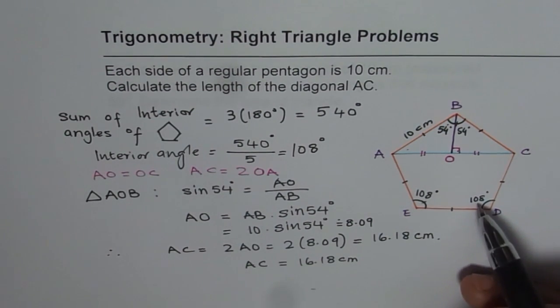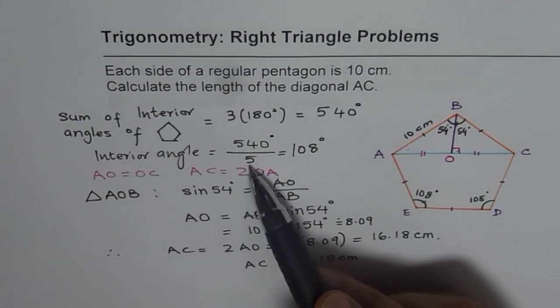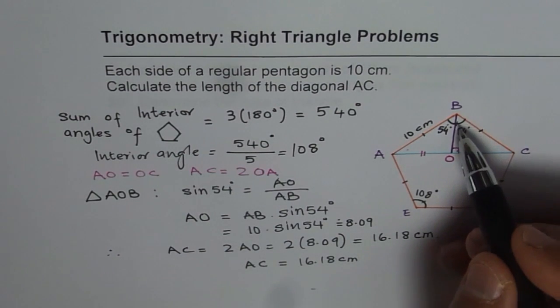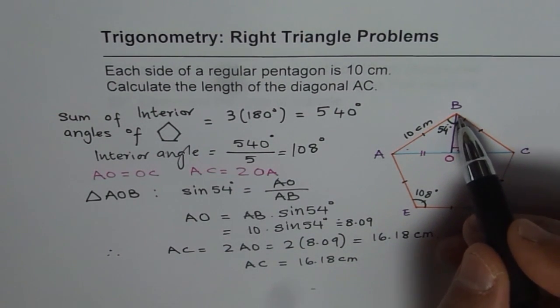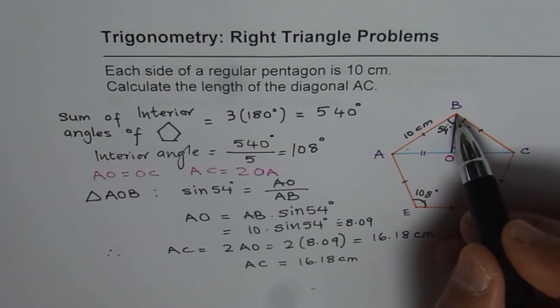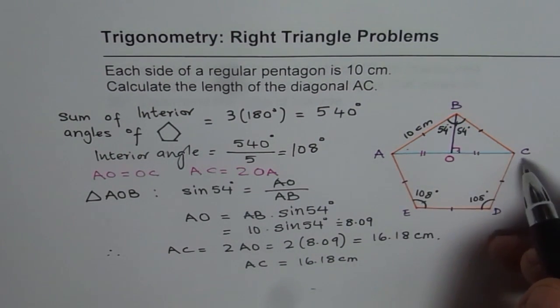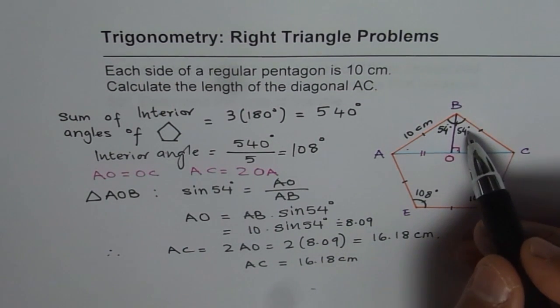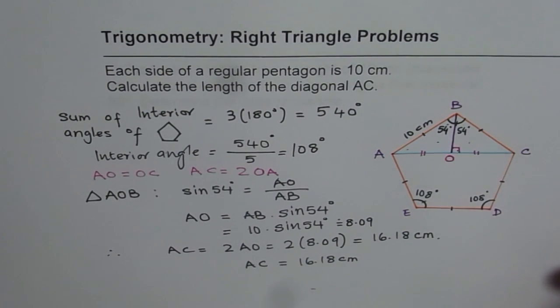Each angle should therefore be 540 divided by 5, which is 108 degrees. If I drop a perpendicular from B to AC, it is going to bisect the angle at B into 54 and 54, since these two triangles are congruent.